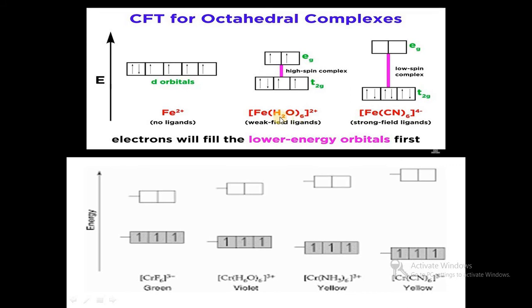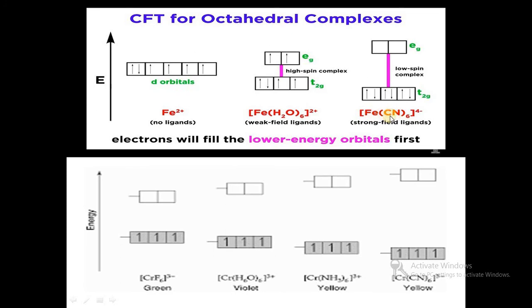Water is a weak field ligand, so due to this interaction the d orbitals of iron split in two sets, T2g and Eg, but due to the weak field strength of water there is a small energy gap between T2g and Eg. When weak field ligands are used, it is called a high spin complex.